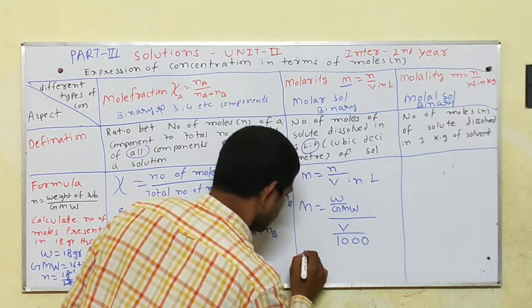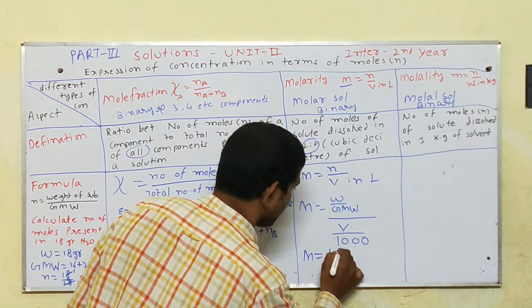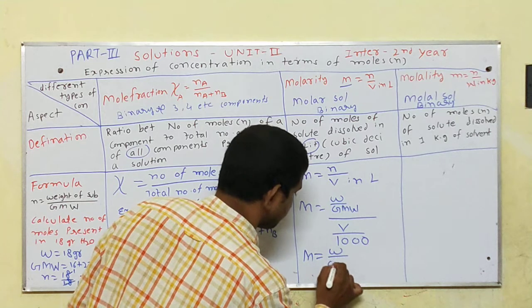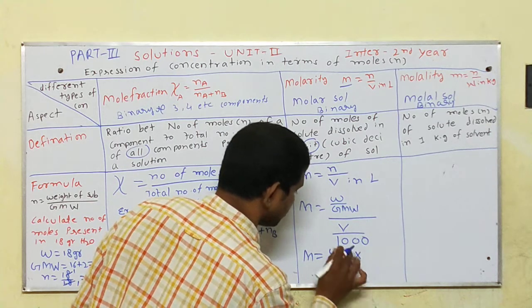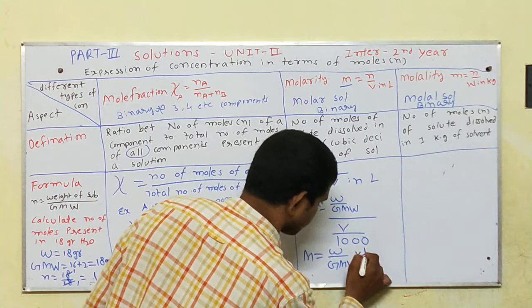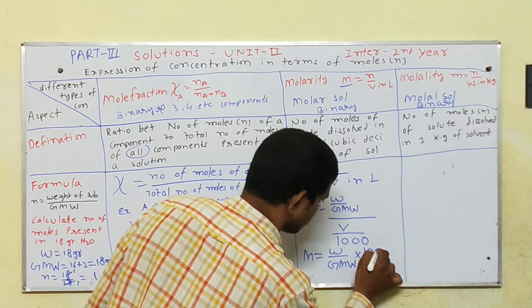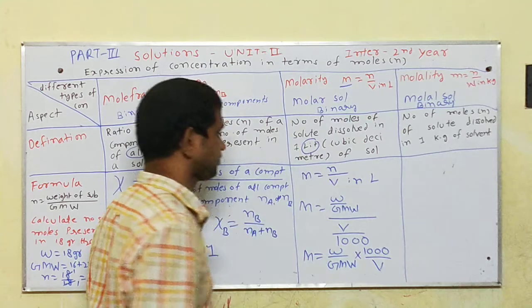Rearranging the above equation, we get W by GMW into 1000 in the numerator by V.